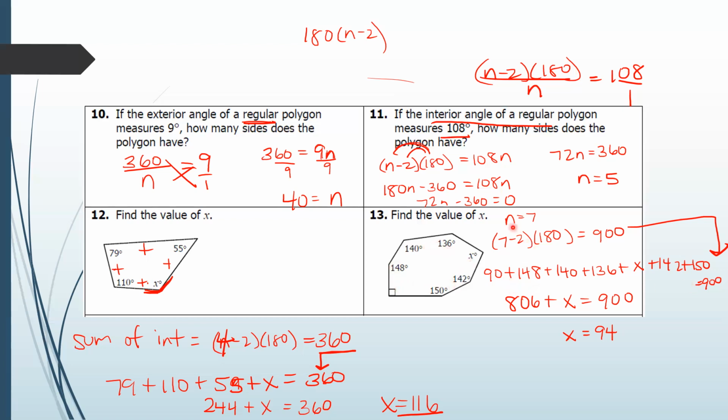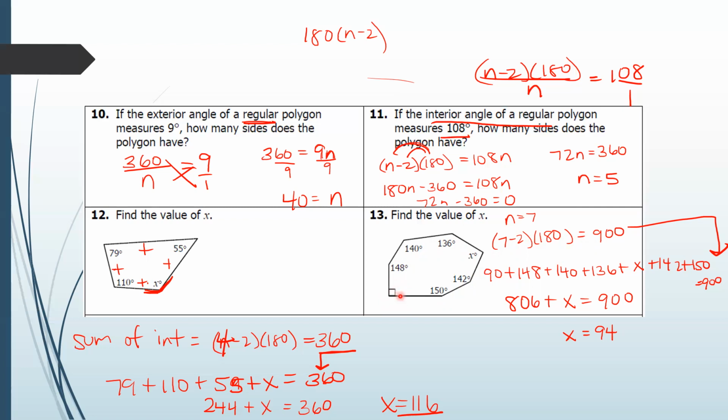So n is 7. And we can use the equation for the sum of interior angles to find what all 7 of those angles have to add up to. The sum of interior angles is n minus 2 times 180, 900. So I know that whatever these numbers are, they have to add to 900. Remember, this little box means 90.